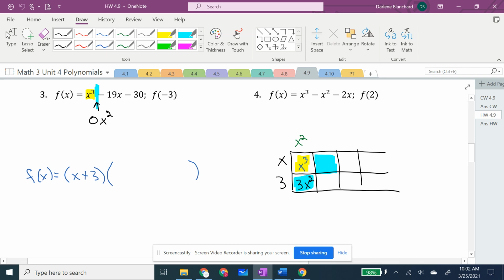Thank you. That's it, -3x squared. Then I am ready at that point to figure out what goes here. I need to multiply x to get -3x squared. I will multiply by -3x to give me that -3x squared. Now I can find this box, 3 times -3x.